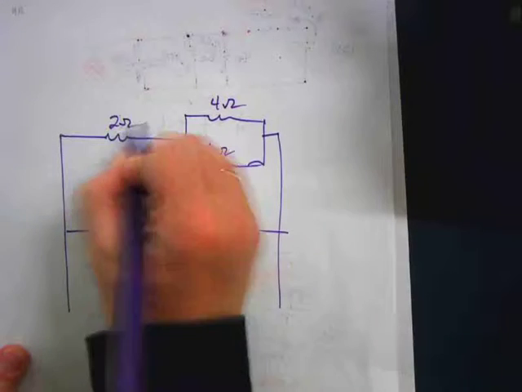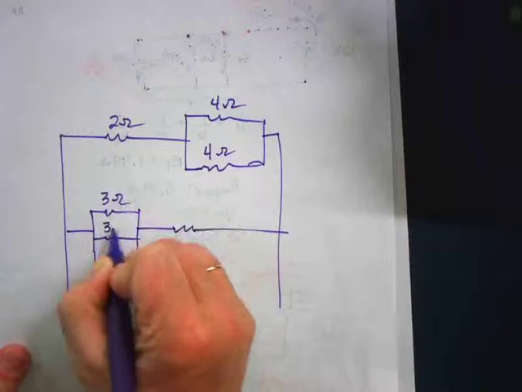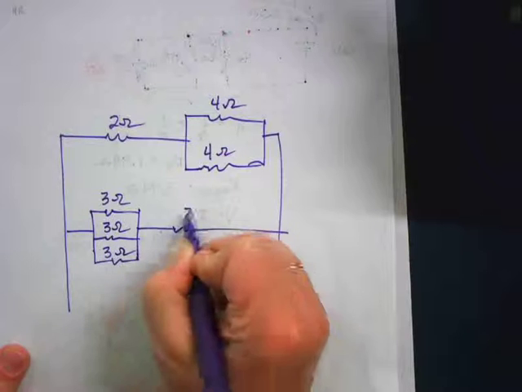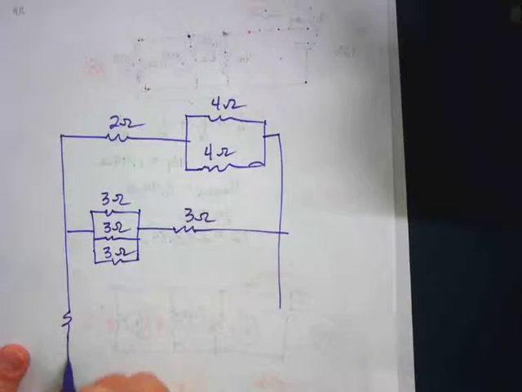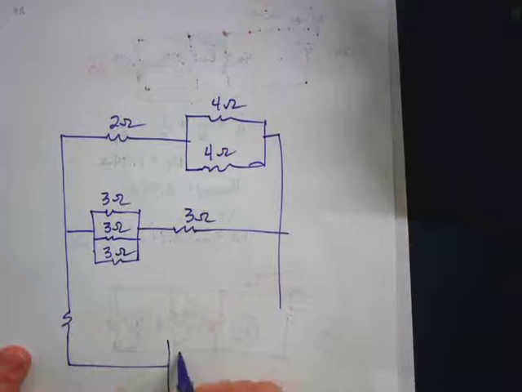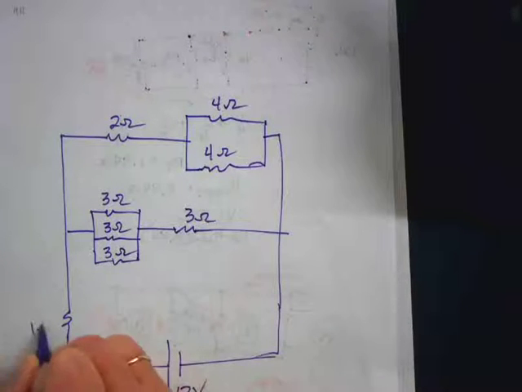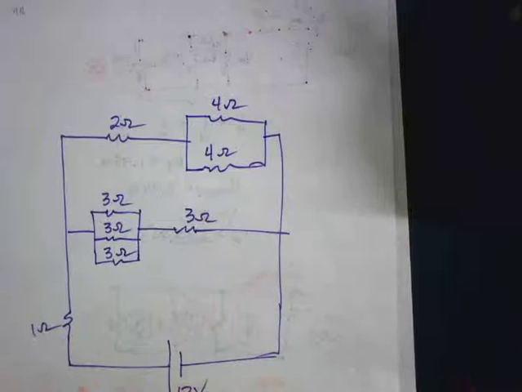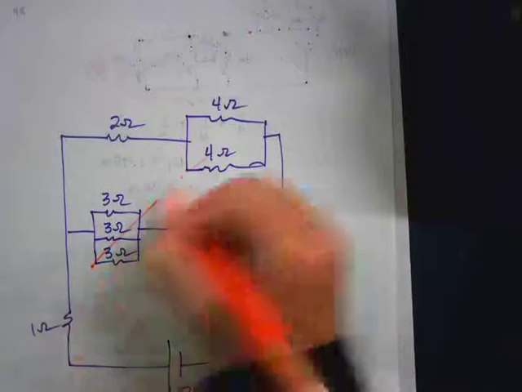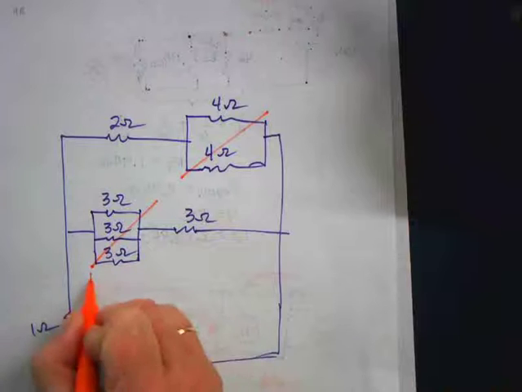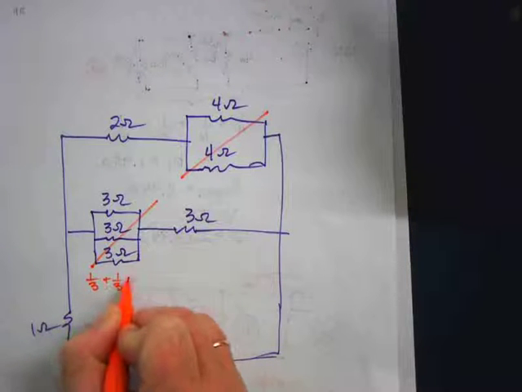Version 1, version 2. So we have 4 ohms, 4 ohms, 2 ohms, 3, 3, 3, 3, 1 down here, and a 12-volt battery. Okay. So find the equivalent resistance.